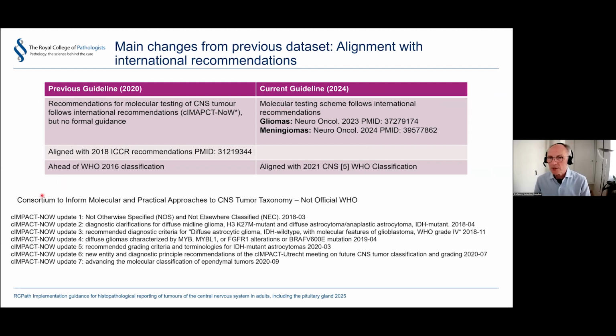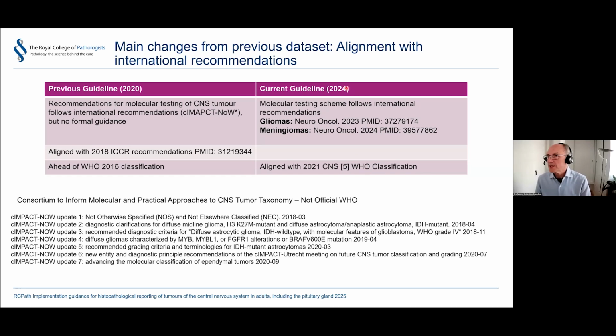All these are called cIMPACT-NOW now, the Consortium to Inform Molecular and Practical Approaches to CNS Tumor Taxonomy, not official WHO. But essentially, all these recommendations have then made it into the 2021 WHO classification, as well as into our dataset.